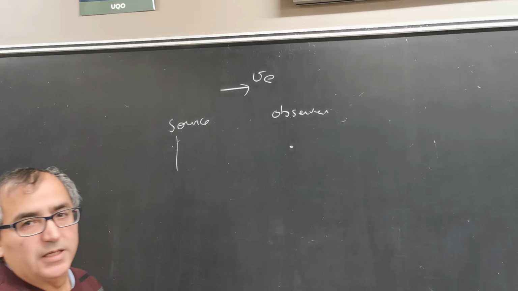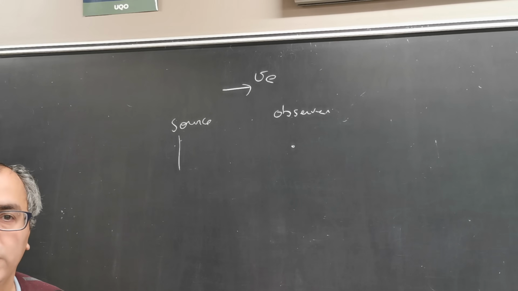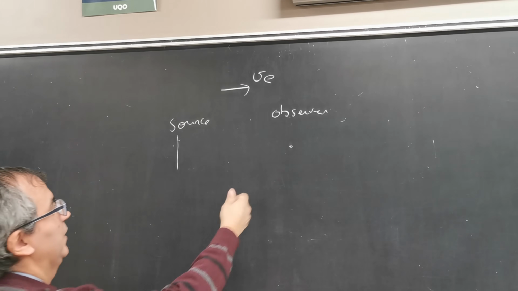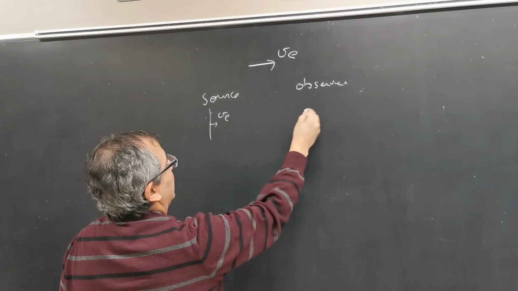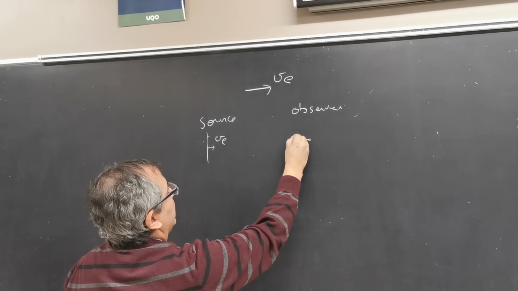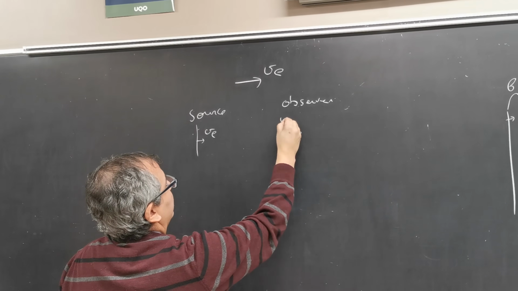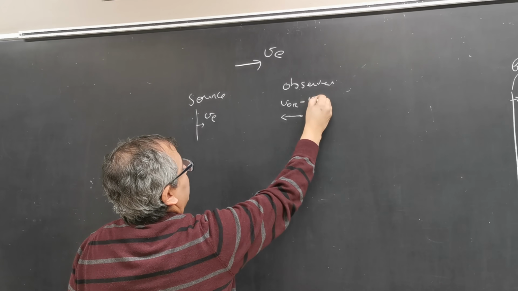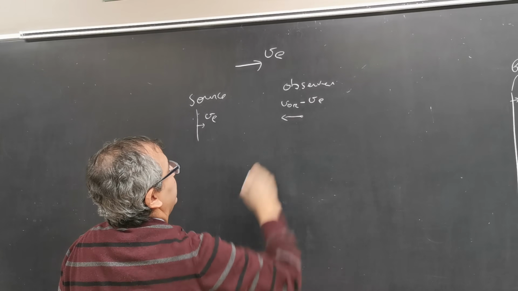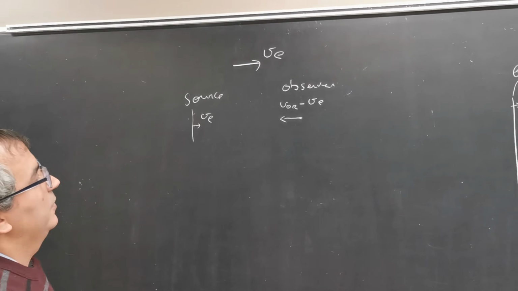And we add a velocity to the observer toward the source. In that case, the source is moving at VE, and the observer is moving at V_OR, relative, minus VE, because I'm taking this direction. Okay, what is going to be the formula?